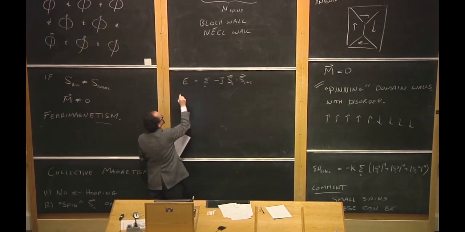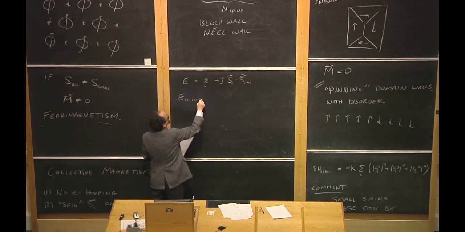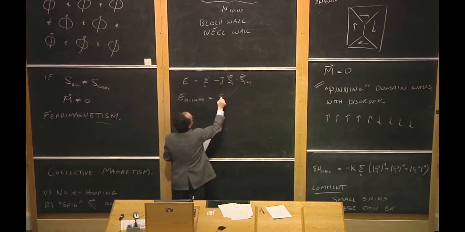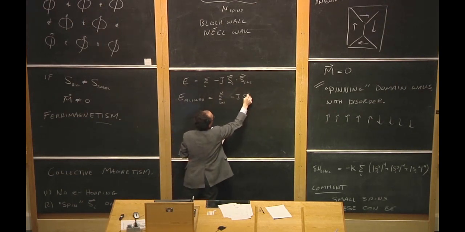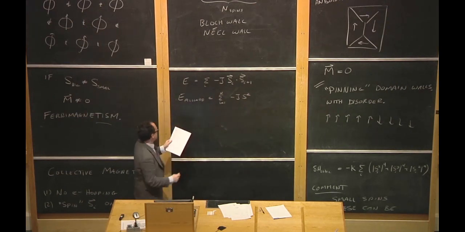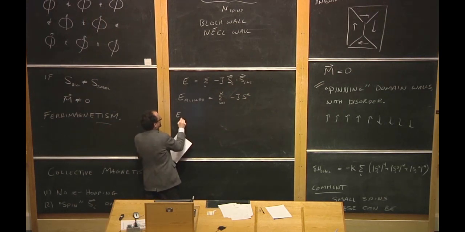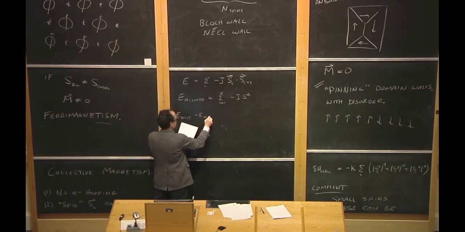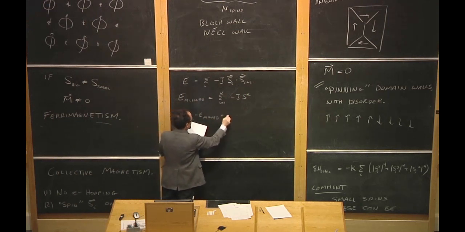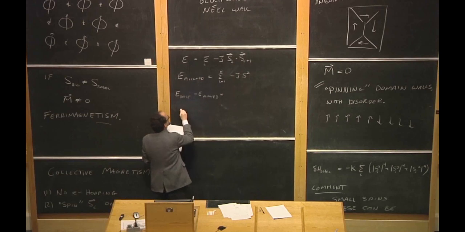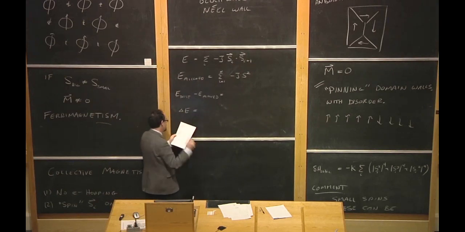And if I align all the spins, E aligned, I then get the sum over i equals 1 to n of minus J S squared. Everyone is aligned with each other. And if I twist it, E twist minus E aligned, let's call that delta E, the amount of energy you pay to twist the spin from top to bottom.